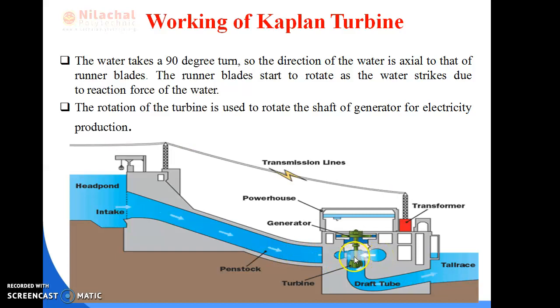While entering the casing, some part of the pressure energy is converted into kinetic energy, and it rotates the blades of the runner, thereby giving mechanical power, which is converted into electrical power by means of a generator. The draft tube helps drag the water to the tail race from the exit of the turbine.